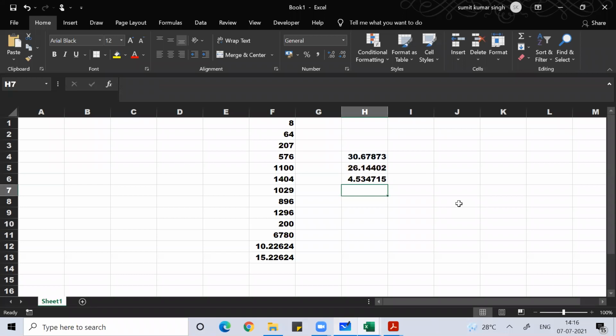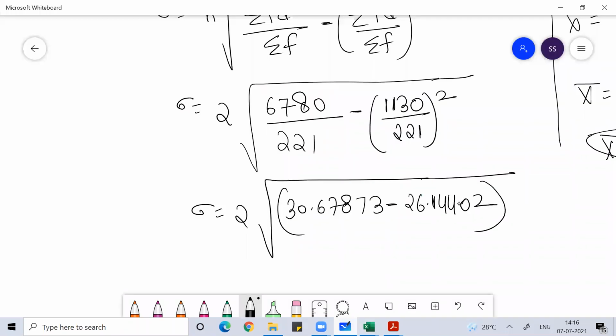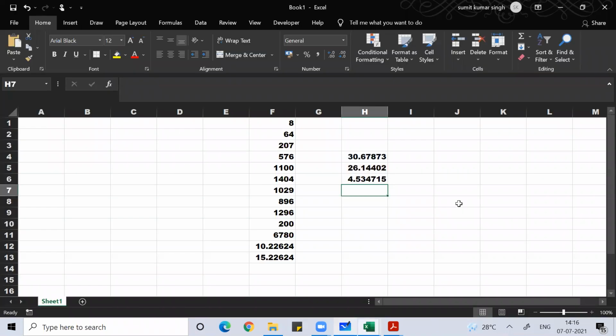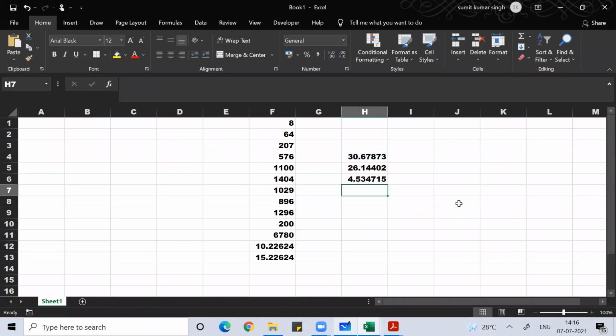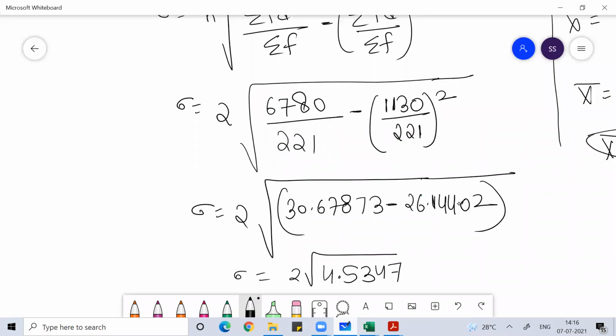That is 4.534715. So 2 into under root of 4.534715.